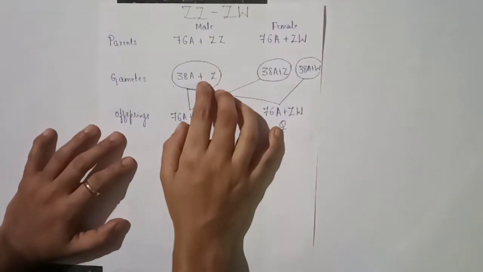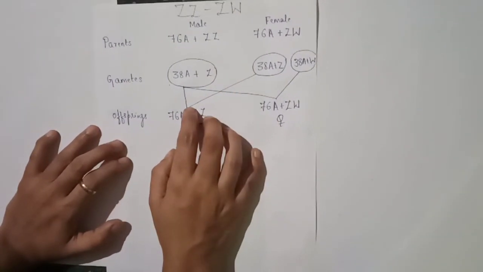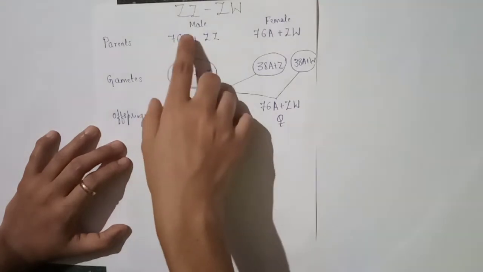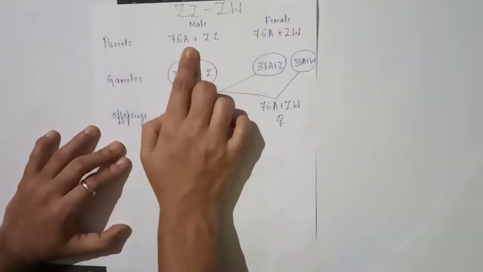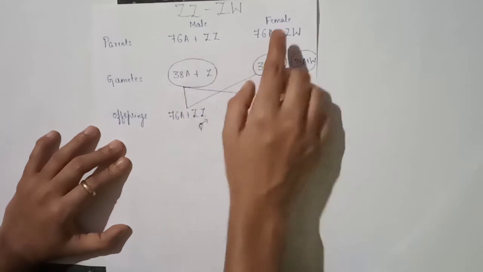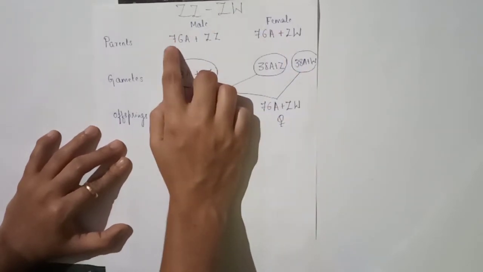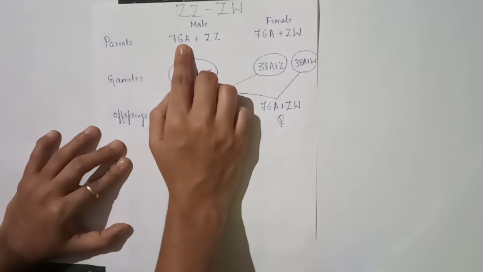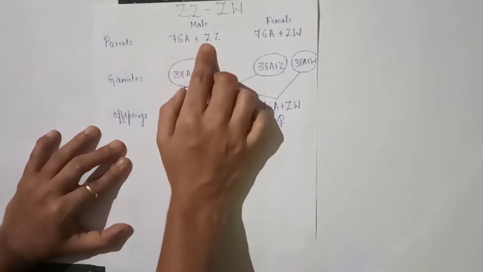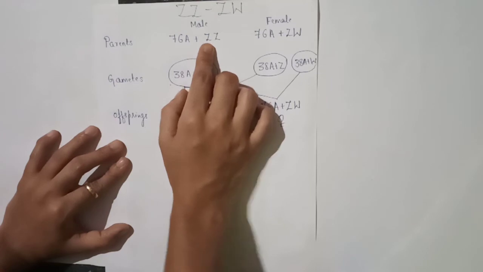For the ZZ-ZW mechanism, I am taking the example of chicken. In chicken, the male is homogametic and the female is heterogametic. In male, 76 autosomes are present and ZZ allosomes are present.